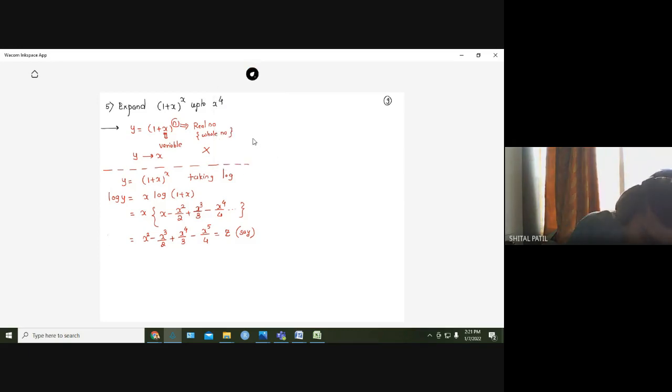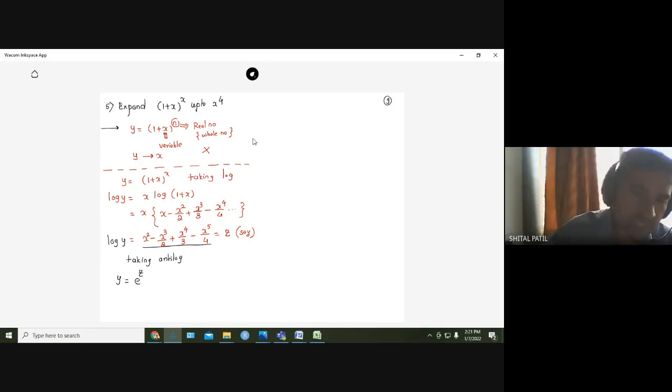But right now we have log y equal to this whole term, or say equal to z. But our aim is to find y. So take antilog on both sides. So y equal to e raised to this whole term, that is z.